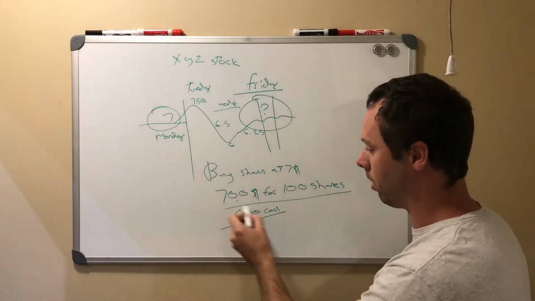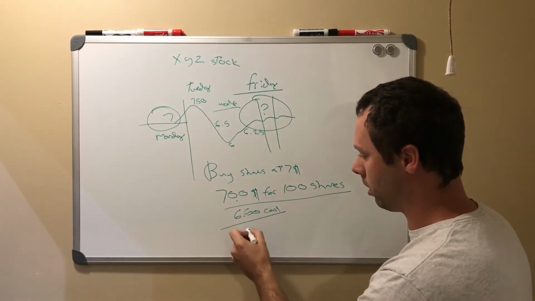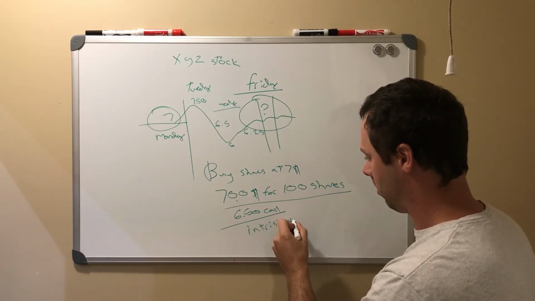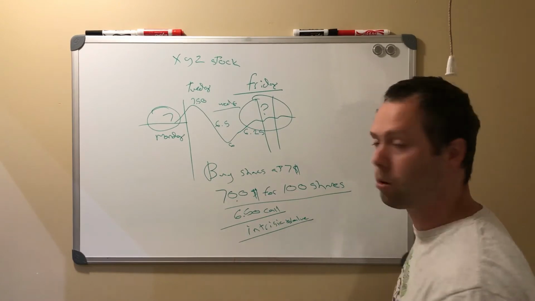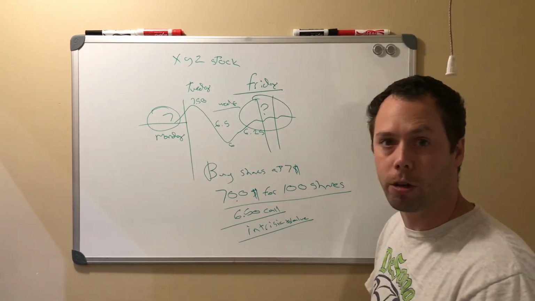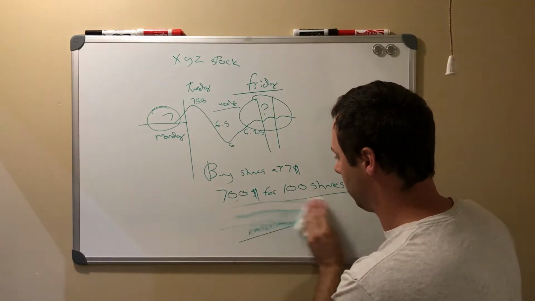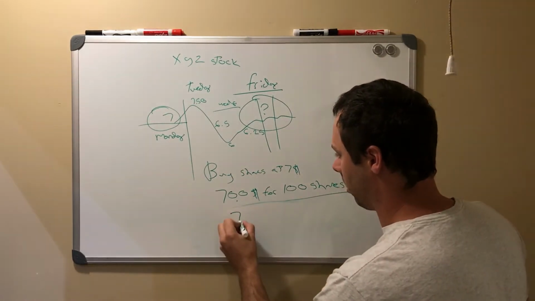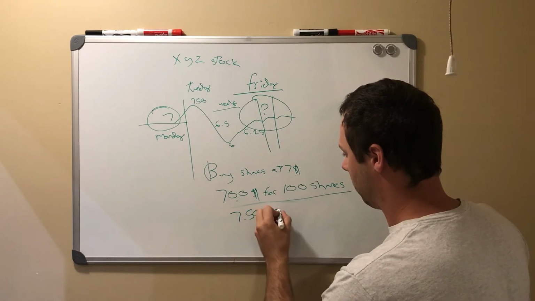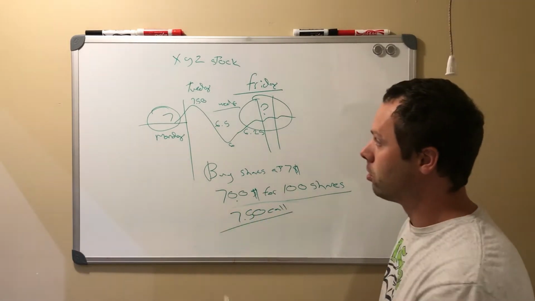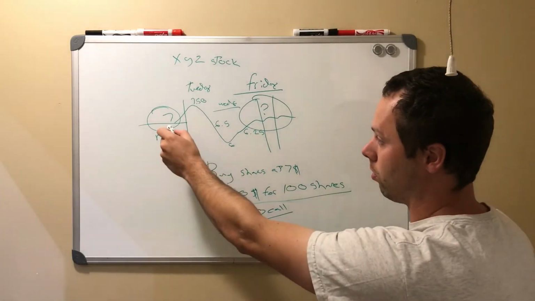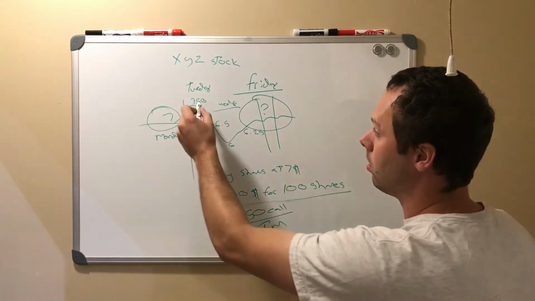I'm selling what would be called intrinsic value. I don't want to do that. That's not a trade that I want to do right now. But what I want to do is sell that $7.50 call. That would be what's called out of the money, because it's over the current stock price.